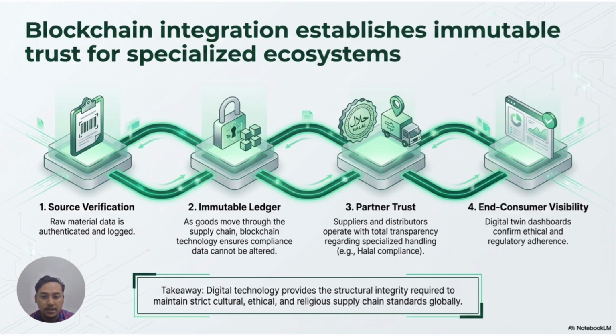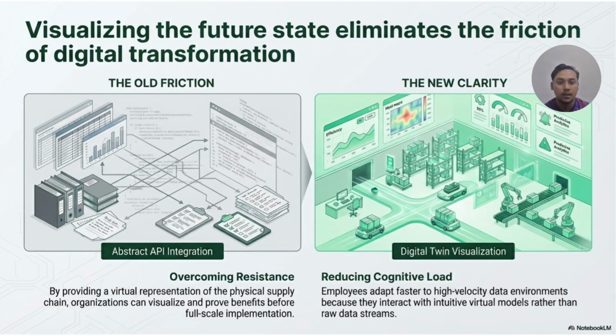This transparency allows suppliers and distributors to operate with total confidence, especially regarding specialized handling like halal compliance and consumer visibility. Finally, the digital twin dashboard allows consumers to confirm for themselves that ethical and regulatory standards are met.